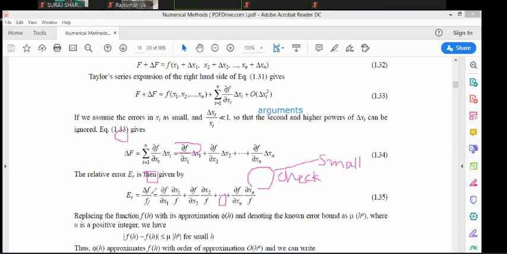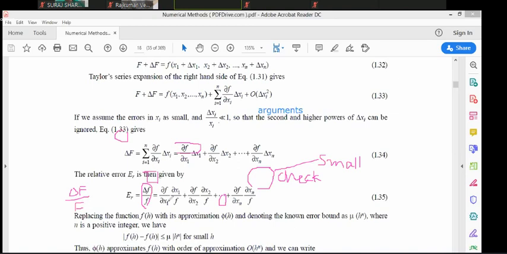Create confusion. I told you, but this is also symbolically correct. But this is delta f compared to this one.